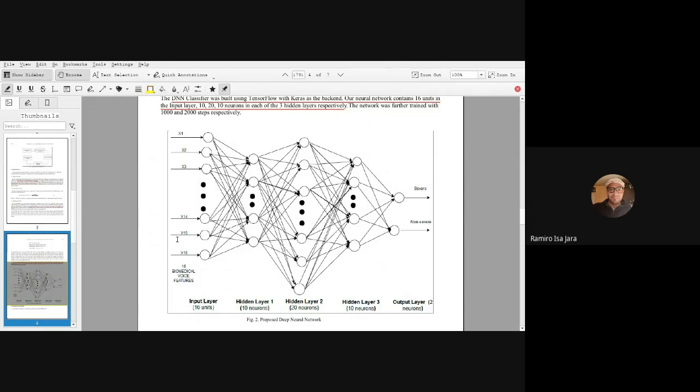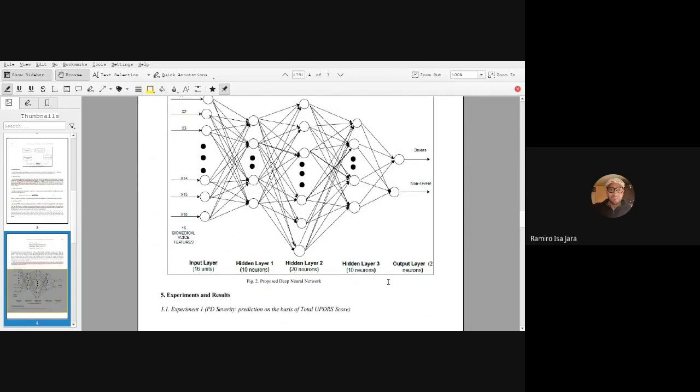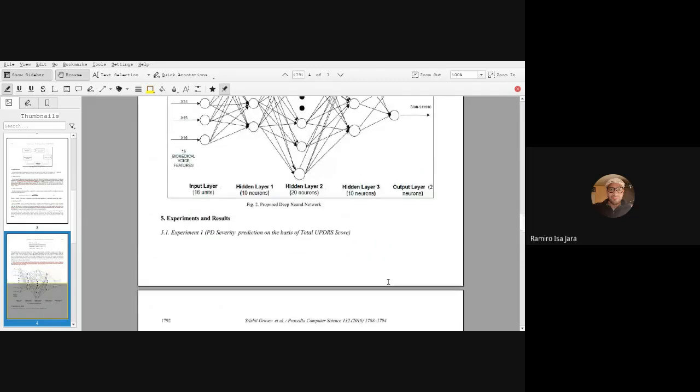This input layer is the voice features of the patients, and finally, the final stage is composed of two neurons, which allow the information to be classified according to the severe or non-severe stage.